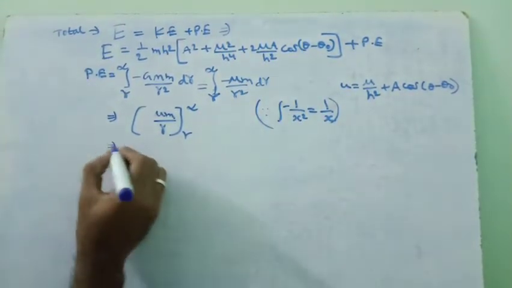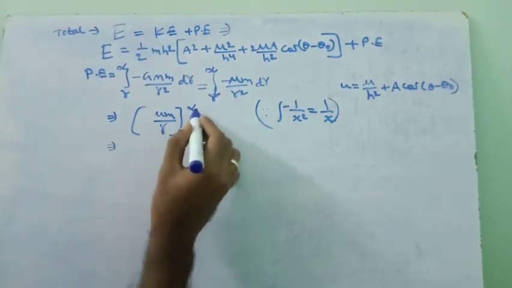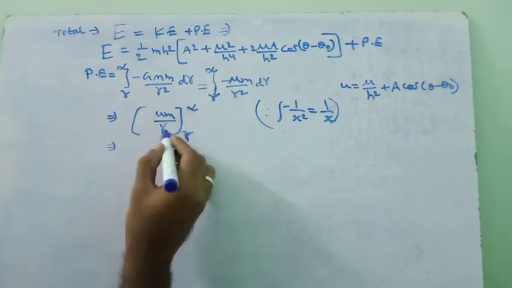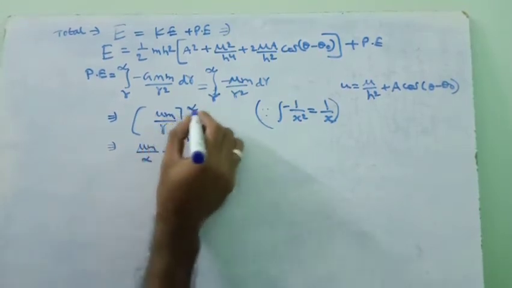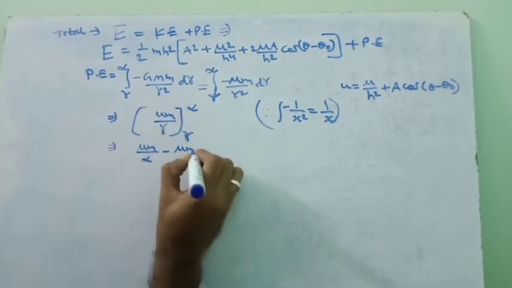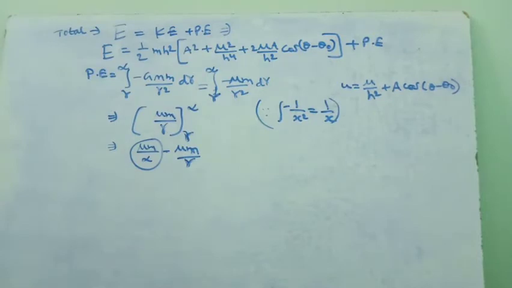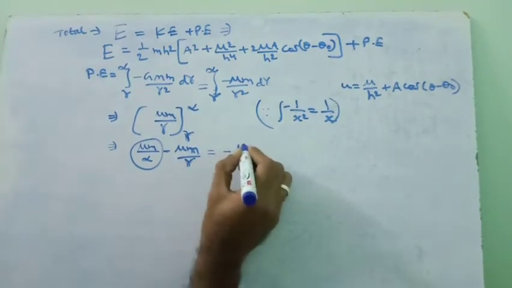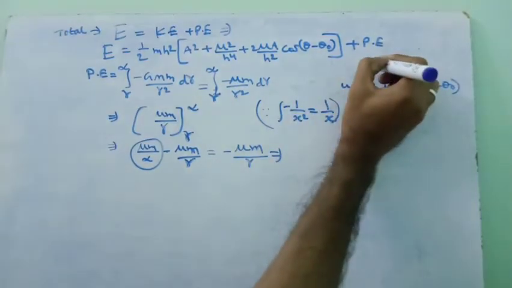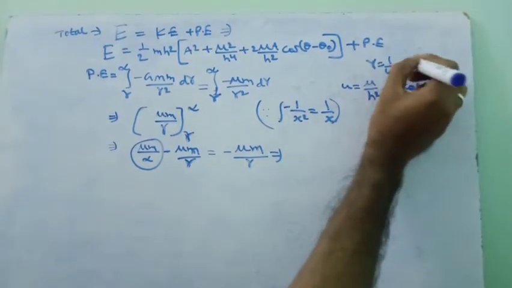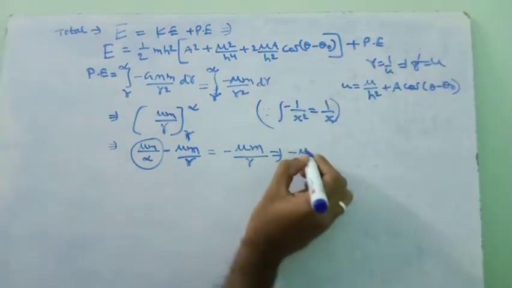When we apply boundary conditions, upper limit minus lower limit, we substitute infinity here, so this value becomes mu m by infinity minus, substituting R, mu m by R. Here the first value becomes 0, since anything by infinity is equal to 0. So finally we have minus mu m by R. R can be written as 1 by u, so 1 by R is equal to u. So we write here minus mu m u.